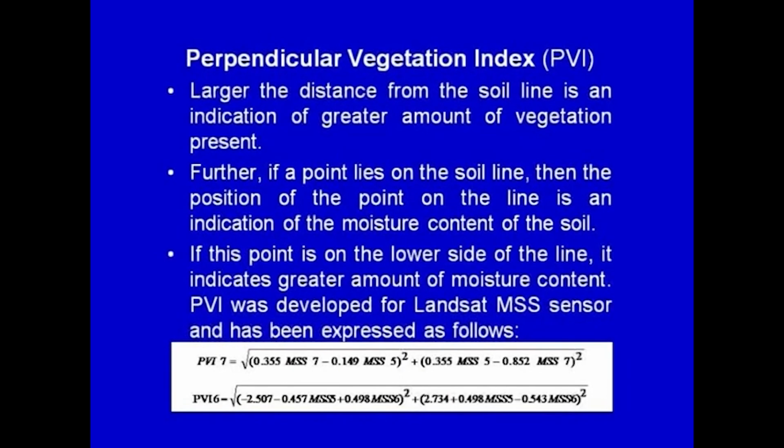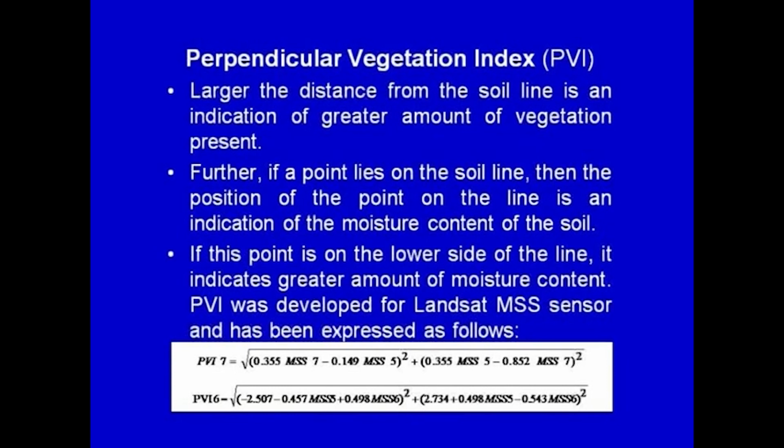The larger the distance from the soil line, the greater the amount of vegetation present. Further, if a point lies on the soil line, then the position of the point on the line is an indication of the soil moisture. If this point is on the lower side of the line, it indicates a greater amount of moisture content.